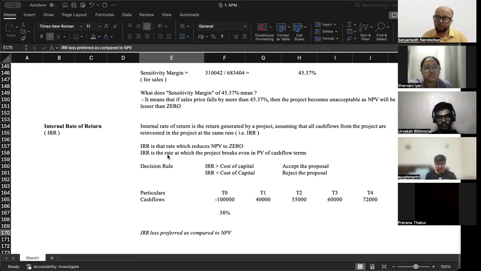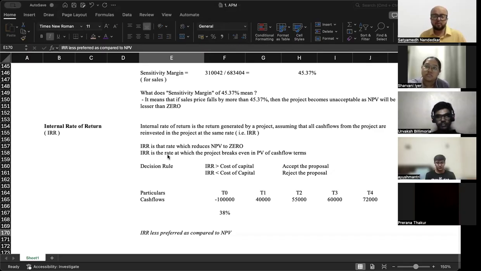Again, IRR had two problems. One was the assumption that all the cash flows are reinvested in the project. Second was the assumption that these reinvested cash flows generate the same level of return that you envisaged at the beginning. Now, when this problem was put across, the one conclusion that we came to was we cannot get rid of both the assumptions.